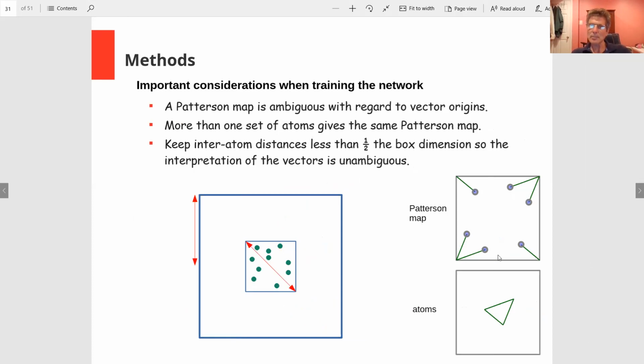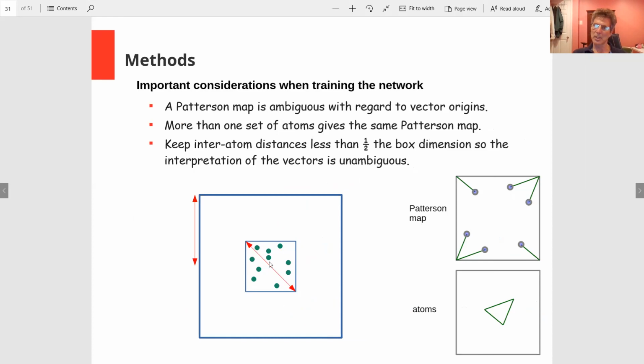If you confine the atoms in the output to a box within a box, so these are the 10 random atoms confined to a box within a box, this is the distance across the inner box.